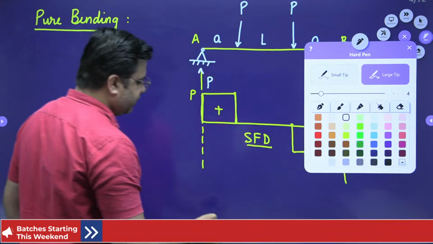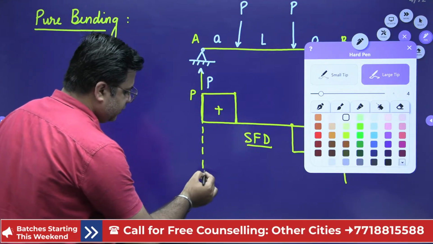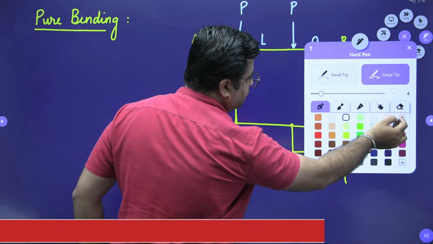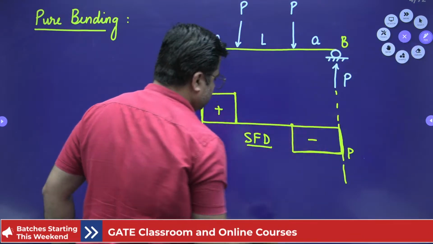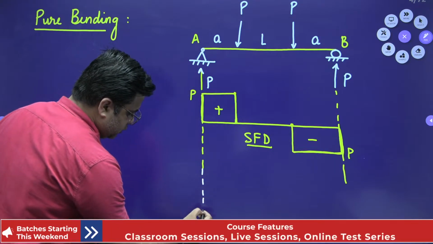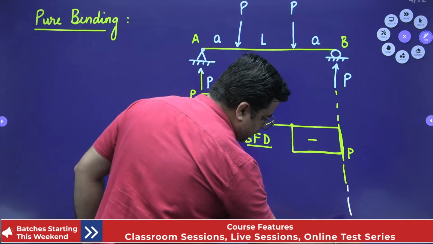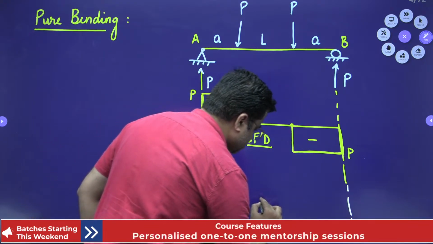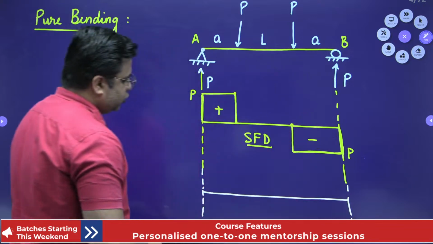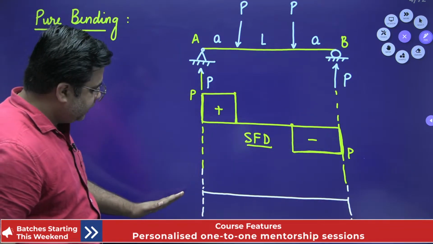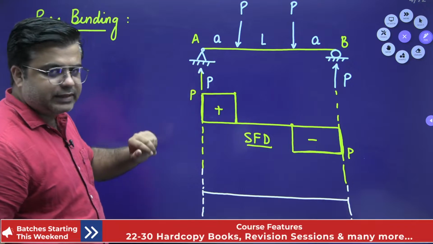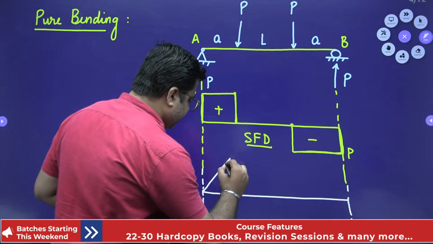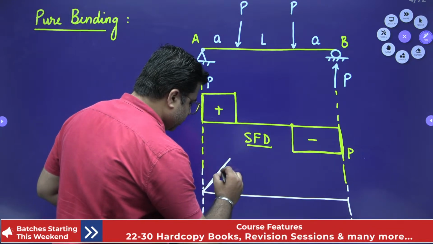So if you draw the bending moment diagram for this beam, due to this load P, there will be the moment P into X, right? So my bending moment diagram will be this straight line with the positive slope, okay?